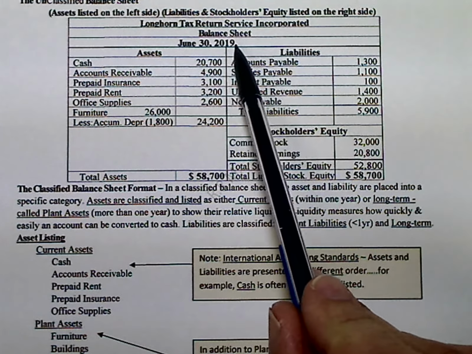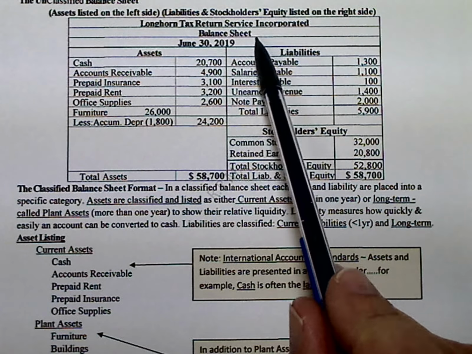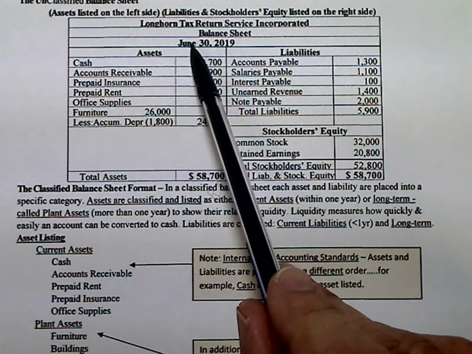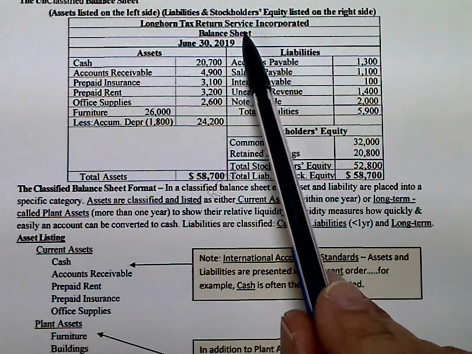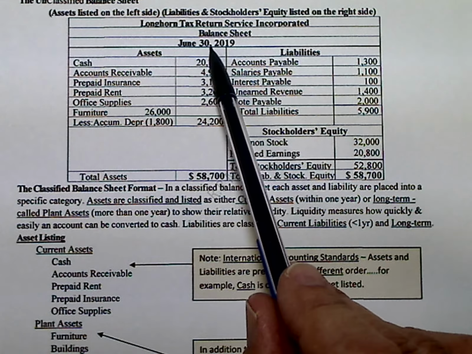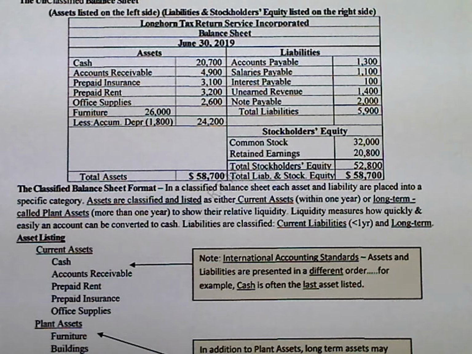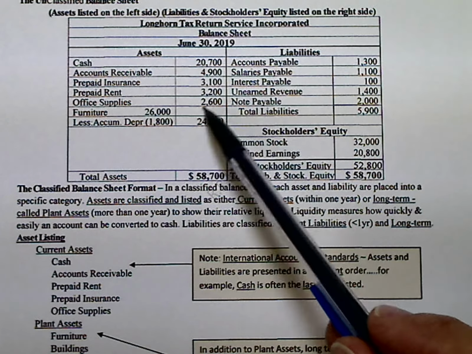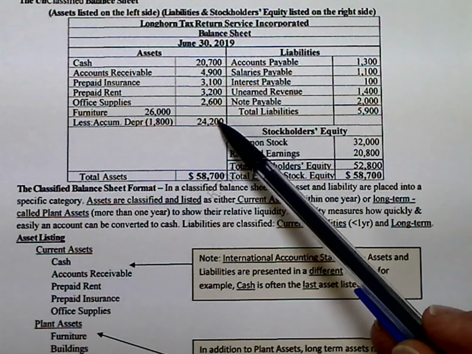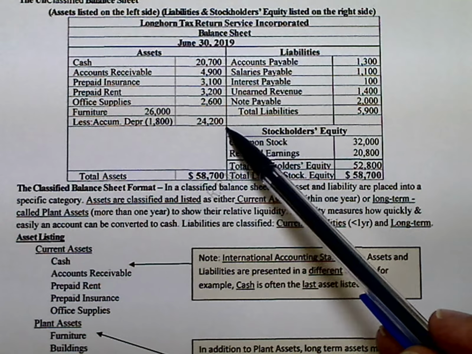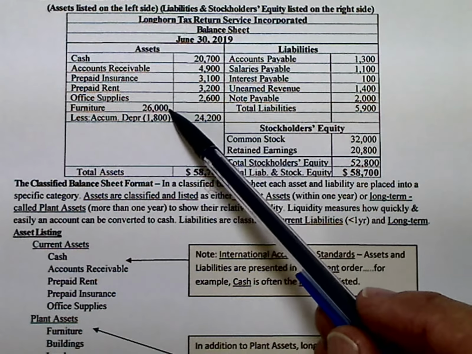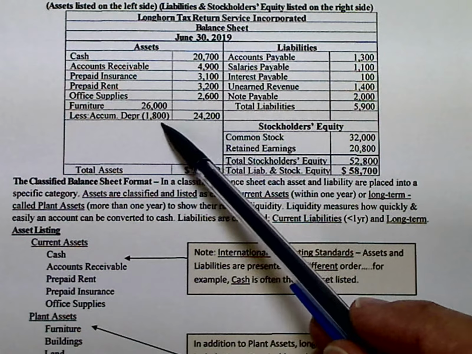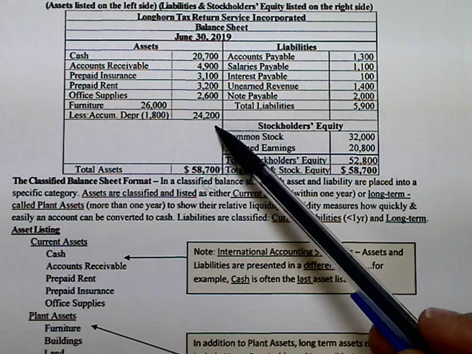The unclassified balance sheet, which is the one that we learned in Chapter 1, here it is. Now this is not centered like it should be here, but it's for a particular point in time. It's not for the 12 months; it is as of midnight, June the 30th, at the end of the year. Here are the assets that the company owns. Look, this is the book value of the furniture, the cost minus the accumulated depreciation, book value.